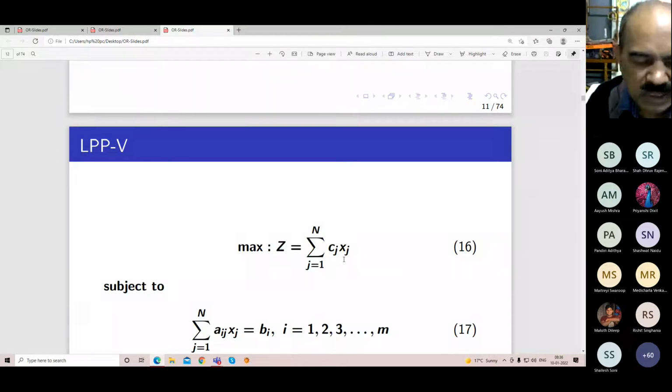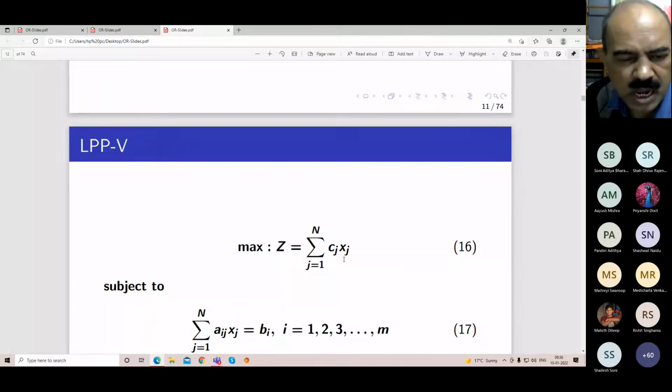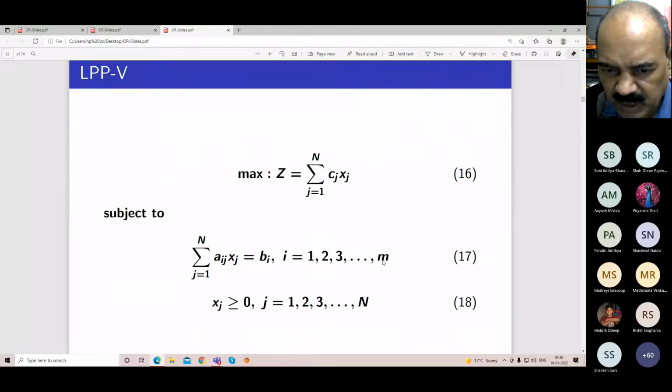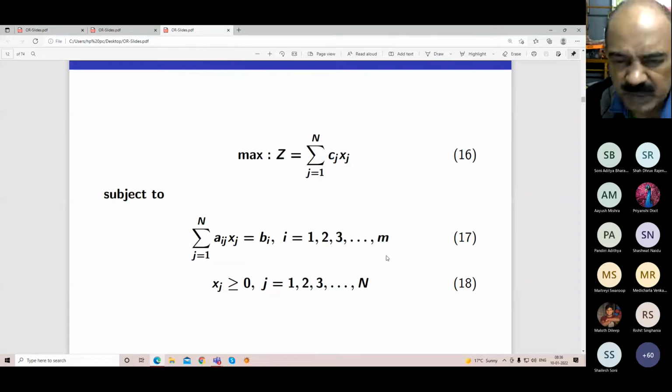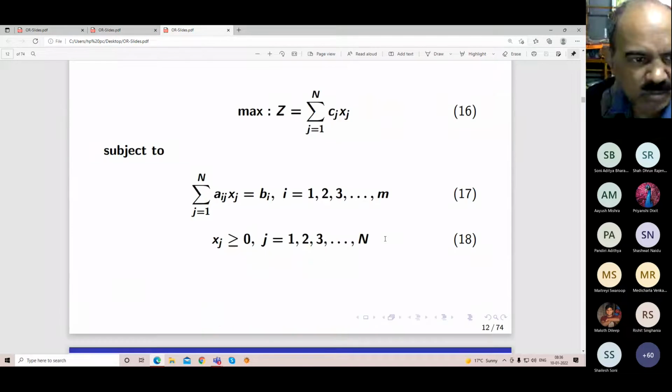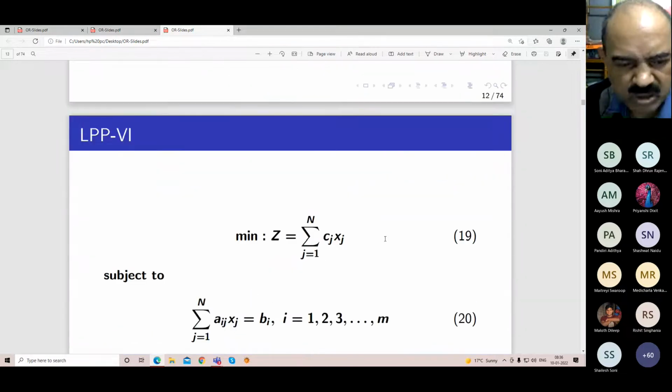Please wait. I have just mentioned how to transform this model to another model, in which we have all equations. This is a standard model which will be used to solve the linear programming problem. This type of model V or model VI will be used. That will be discussed.